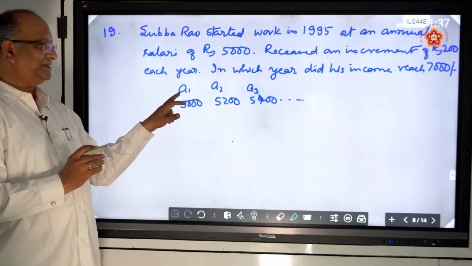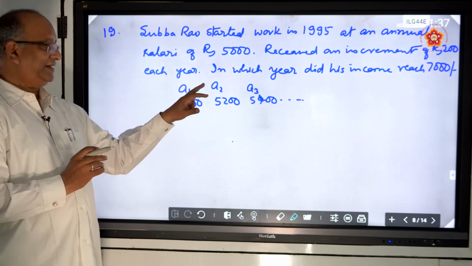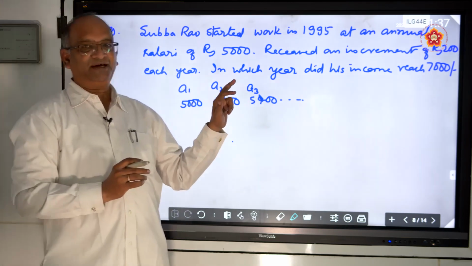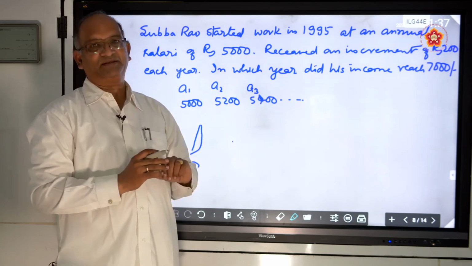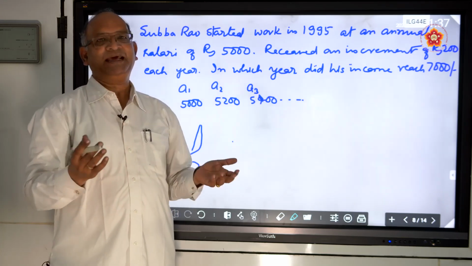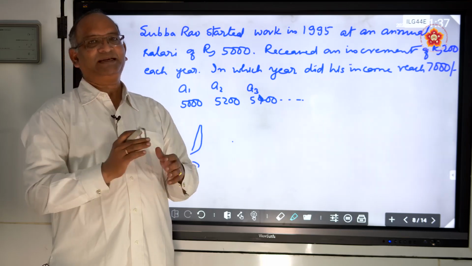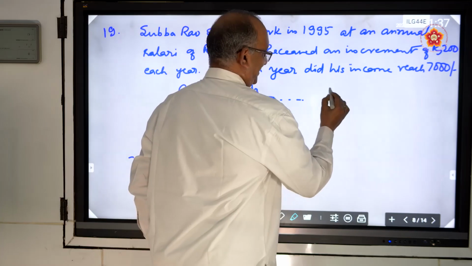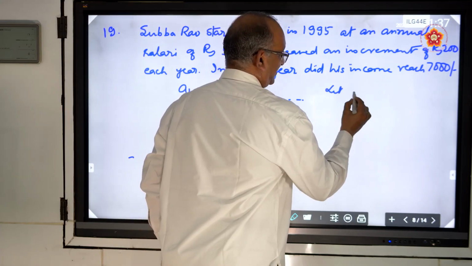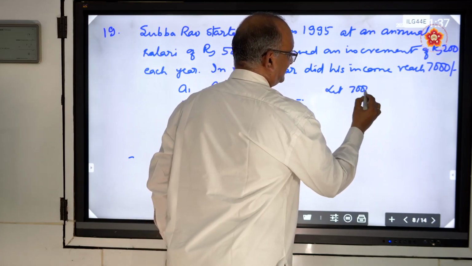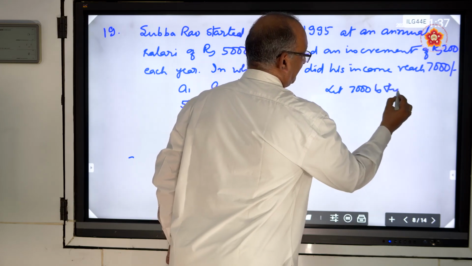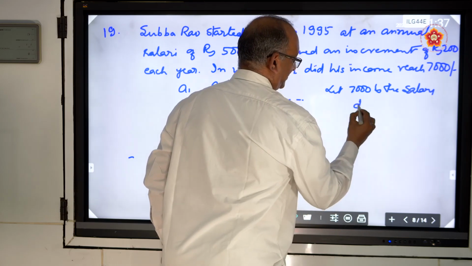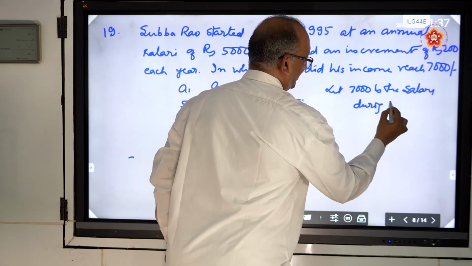This is the initial salary. Second year his salary is this. Third year his salary is this. Which year is his salary going to be 7,000? We assume that in the nth year his salary is going to be 7,000.